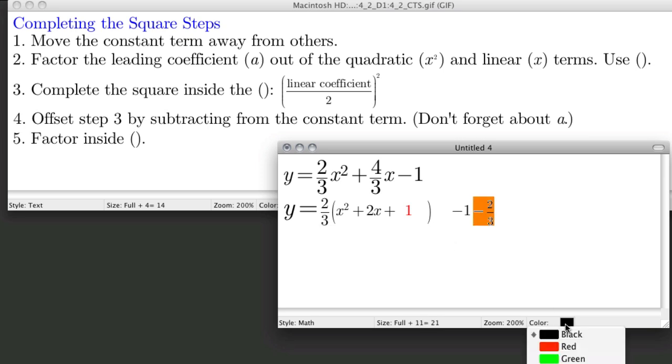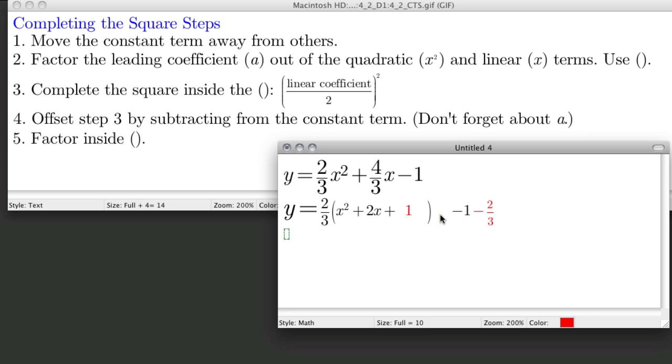And so the net effect of the two things in red is that I haven't really changed the original function, but the material inside the parentheses is a perfect square trinomial, and the stuff outside the parentheses gets modified to offset what was done inside the parentheses.